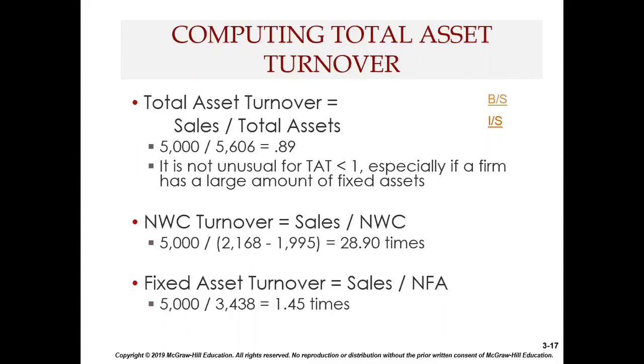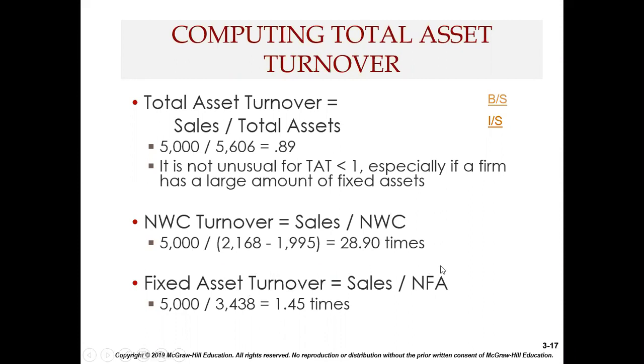Look at benchmarks. Net working capital turnover. Sales divided by net working capital. So if we take our sales, 5,000, take our current asset total minus our current liability total, divide that net, that's the net working capital we have, into the sales amount, we get 28.9.